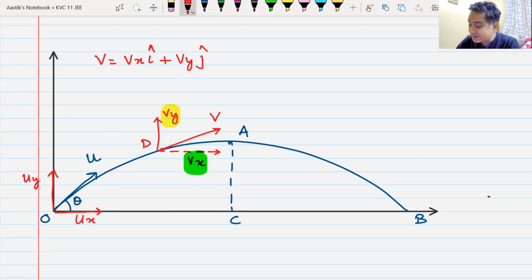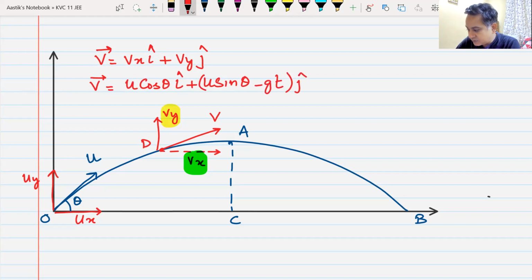So basically, I can write it like this. This velocity v will be equal to u cos theta i plus (u sin theta minus gt) times j. Do you understand this? Yes or no? Yes, sir.